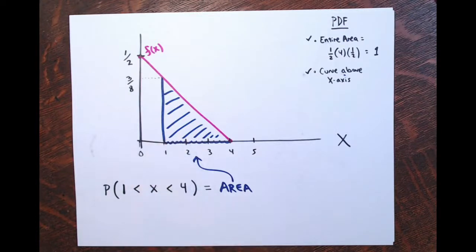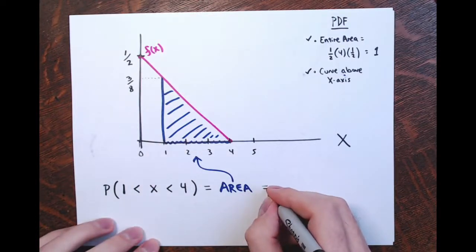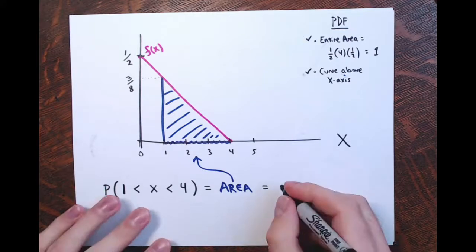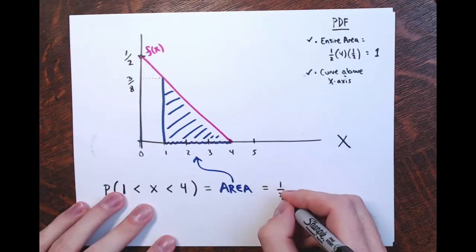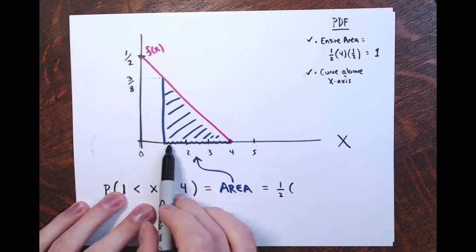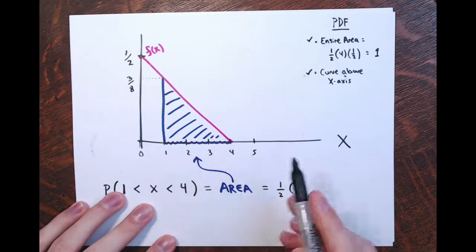Now, this is a triangle, and I just mentioned that the area of a triangle is half the base times the height. The length of the base of this purple triangle under the curve is from 1 to 4, so that's 3 units.